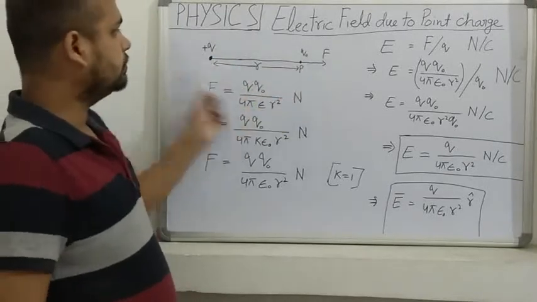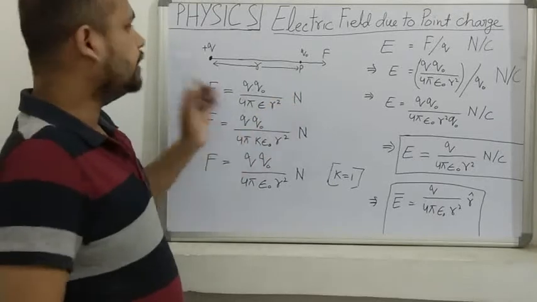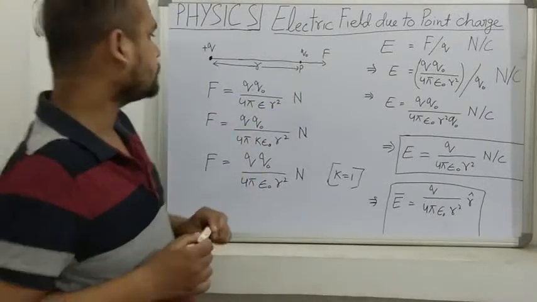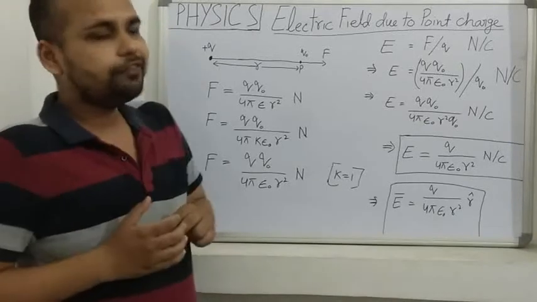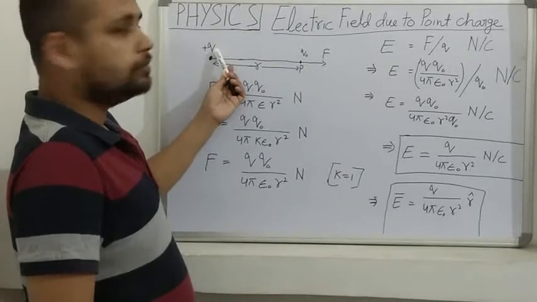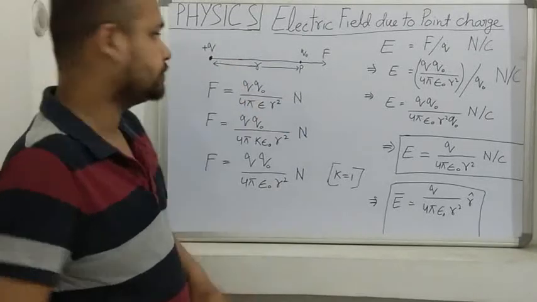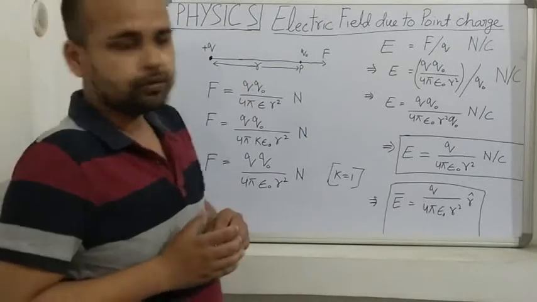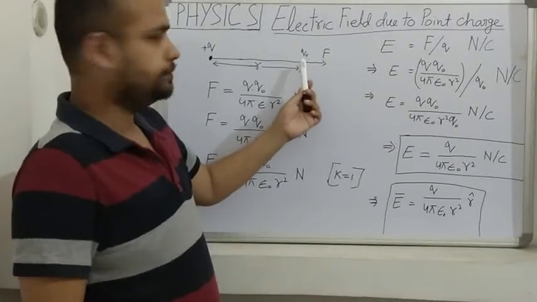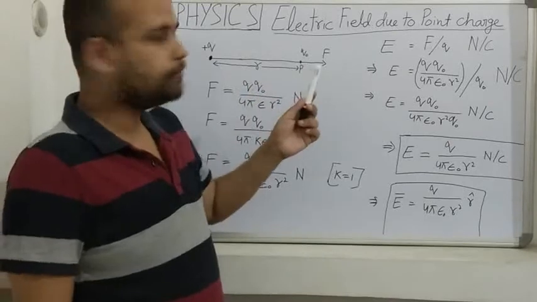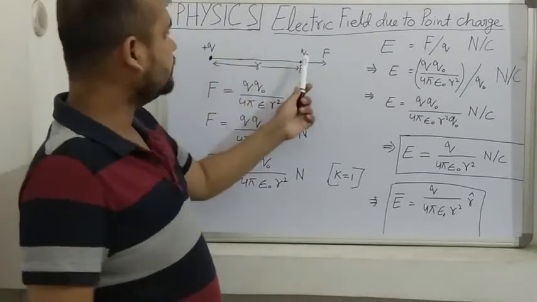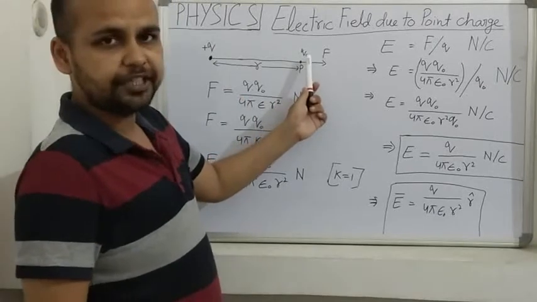This system is placed in any medium right now we have considered that. So how we will find the electric field at this point P due to the charge plus Q? First of all, we'll place a test charge here at point P. Then we'll find the Coulomb force acting between these two charges, plus Q and Q naught, the test charge.